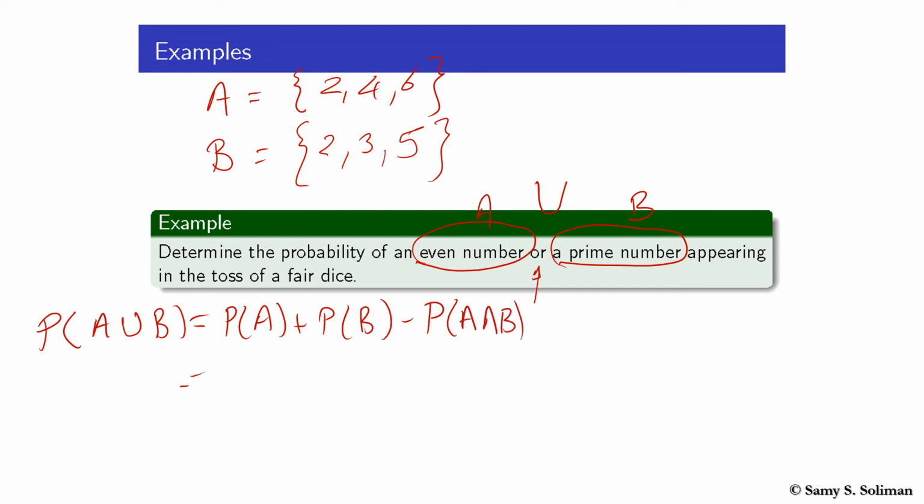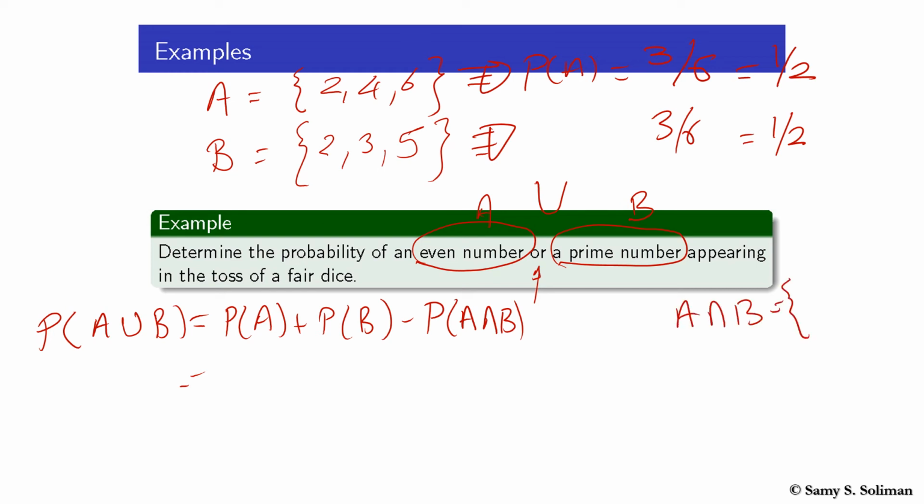So what is the probability of A? The probability of A is the number of events in A, which is 3, divided by the number of events in the sample space, which is 6, so that's half. And the probability of B calculated the same way is also 3 over 6, which is half. And if we want to calculate the intersection, A intersection B is the set of common elements in A and B, so that's only the 2.